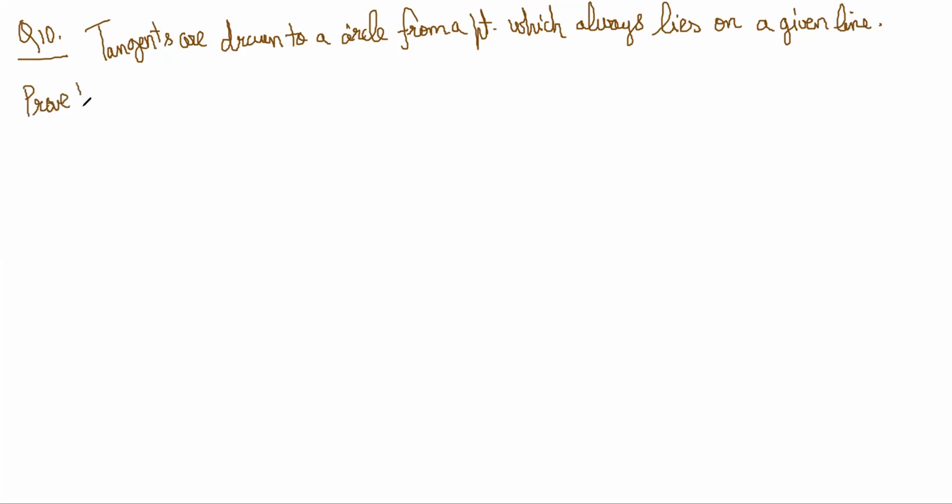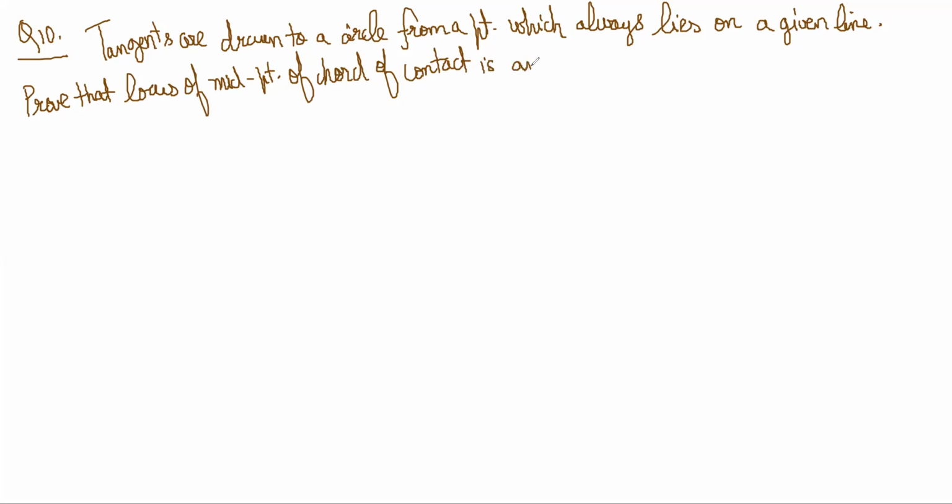Okay, so the variable point in our case would be the middle point of the chord. Take a given line and a given circle. Let's say my line is this.